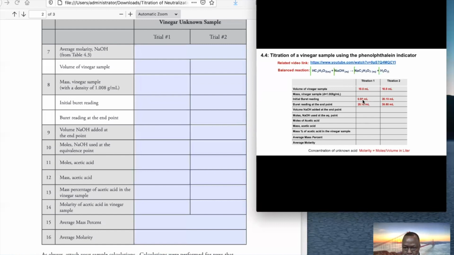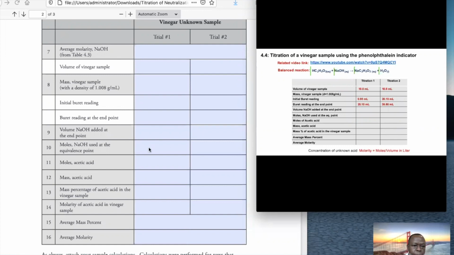Final minus initial will give you the volume of NaOH used to titrate the vinegar solution to endpoint. You'll do the same thing for trial 2, starting from 20.10. They didn't refill the burette, they just continued from there as the initial, and the final is 39.60. So 39.60 minus 20.10 ml gives you the volume of NaOH for trial 2.